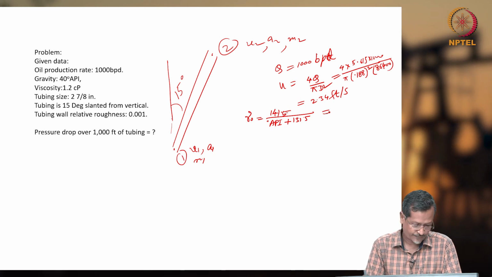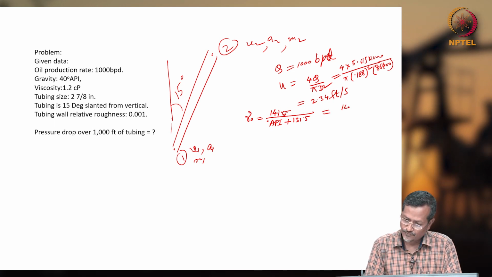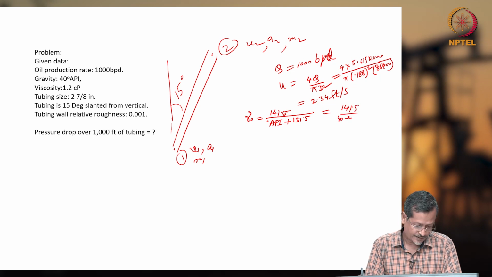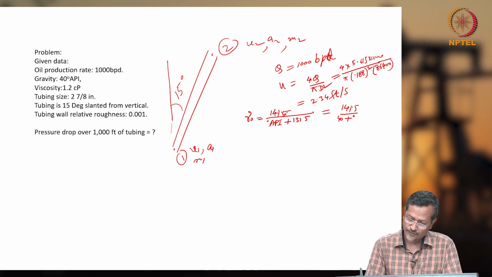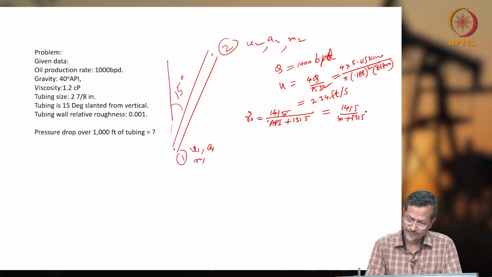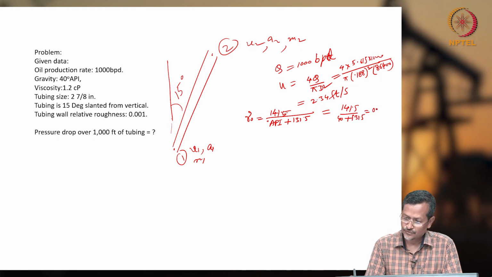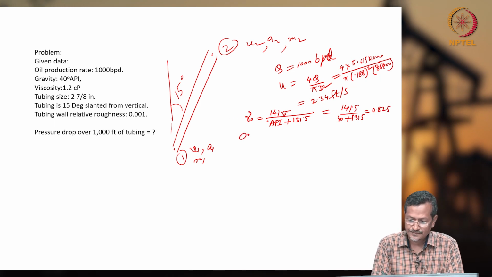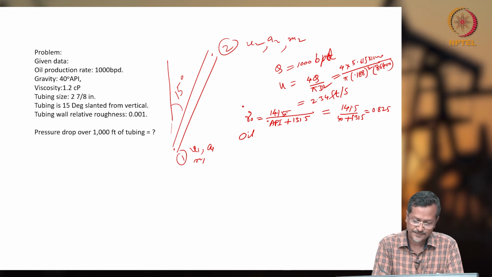So it will give a result like this, 141.5 divided by 40 plus 131.5. So finally it is coming to 0.825. This is the oil specific gravity.